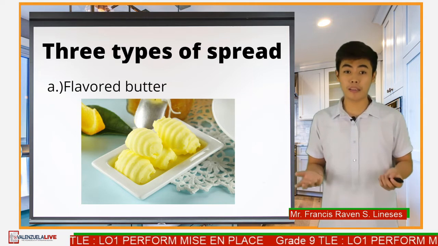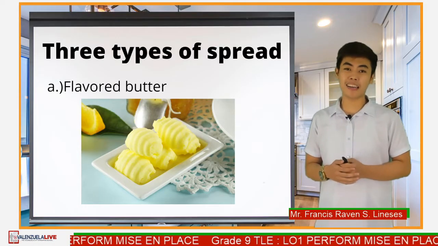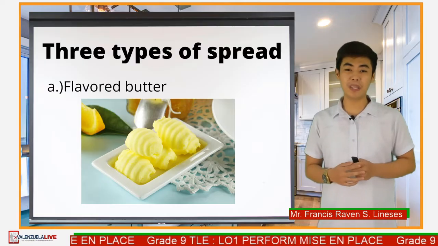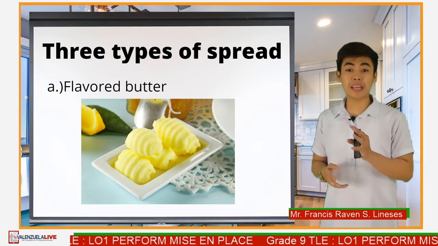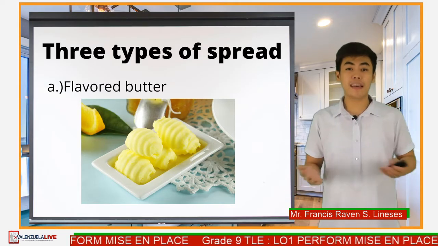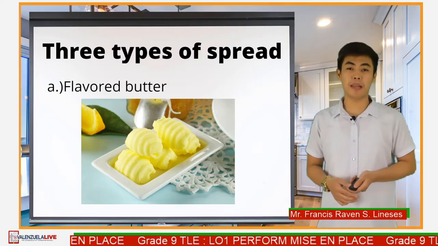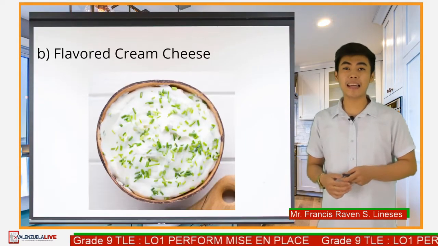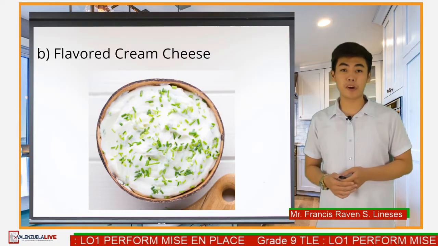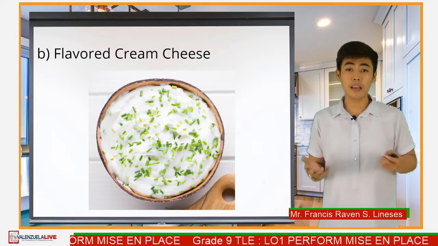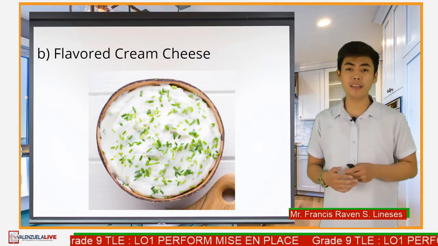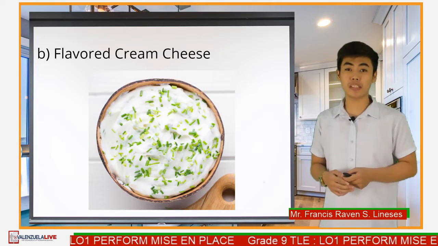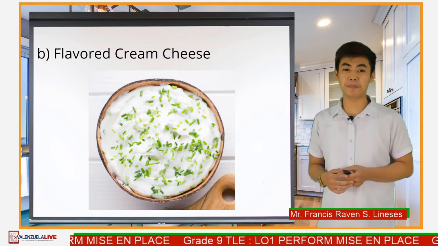If flavored butter is not available in the market, you can prepare your own. As a substitution, butter can be mixed with herbs, spices, and other flavorings. Next, letter B, we have the flavored cream cheese. Cream cheese is a soft, usually mild tasting pressed cheese made from milk and cream.